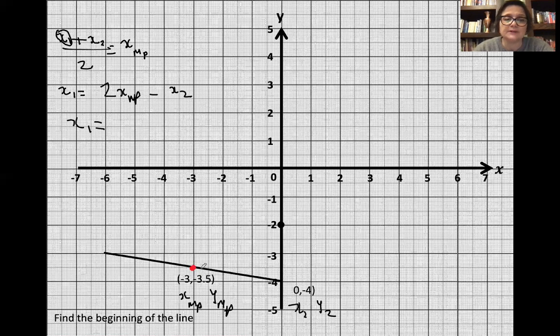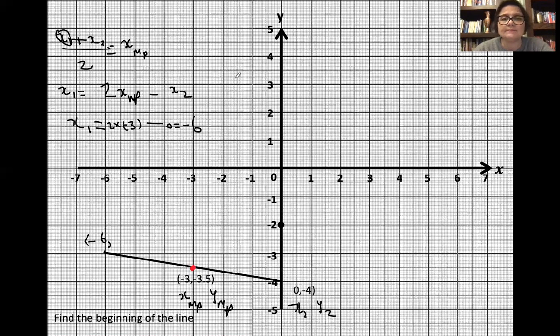So 2x midpoint is minus 3, so 2 times minus 3, minus x2. How much is x2? It is 0, so minus 0. And that is going to be minus 6. So the coordinate of the beginning of the point is, the x is minus 6.